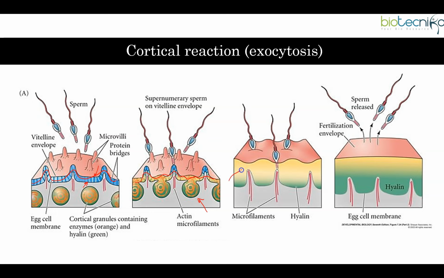And also there are some mucopolysaccharides which get released into the perivitelline space. Polysaccharides attract water, that is why a gap builds between the two membranes. The receptors become deactivated and a layer of hyaline deposits outside the membrane so as to make it a hardened membrane in order to support further embryonic development.